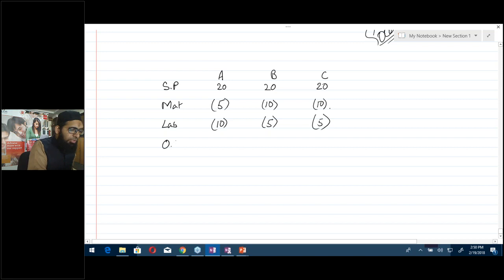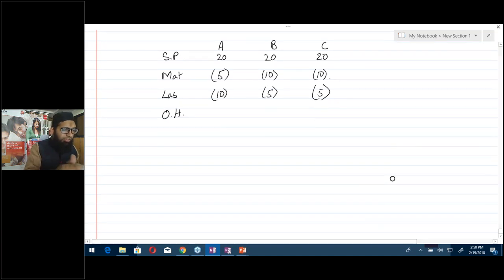But now let's come to the overheads. Because these overheads are now to be charged based on activity-based costing, let's see how I work that out. We have different activities, and what are these?